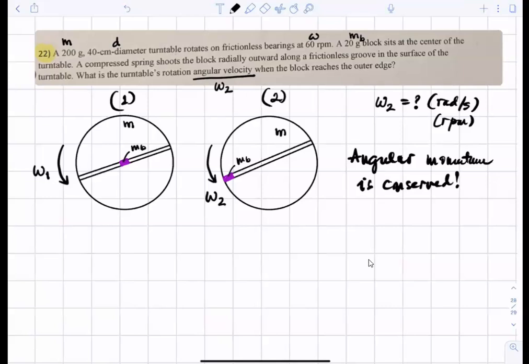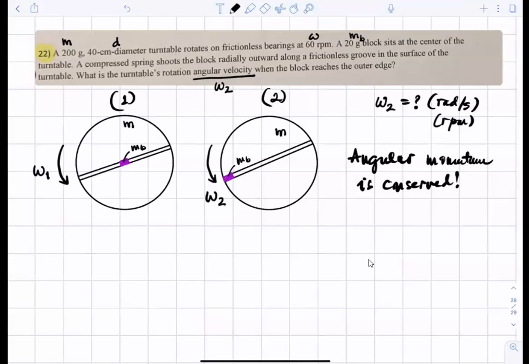You have a rigid disc, then you have the bearings underneath. The bearings and the spring have absolutely no role here other than putting the problem together. Then all of a sudden a particle moves from the center to the edge. Once it does that, the omega changes, but the whole angular momentum is conserved.